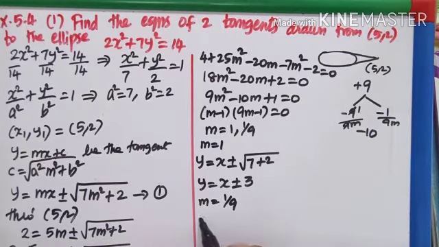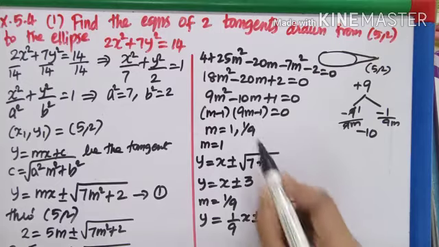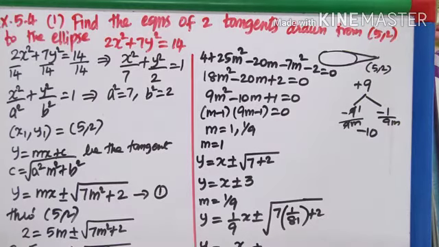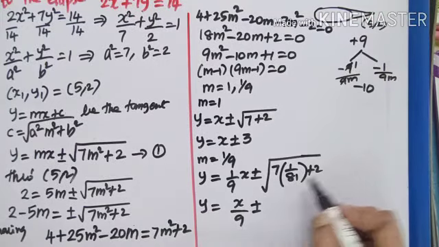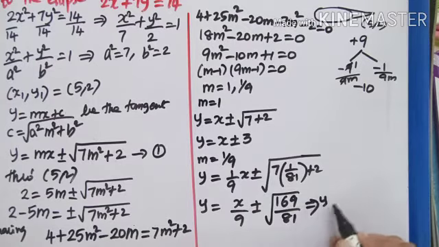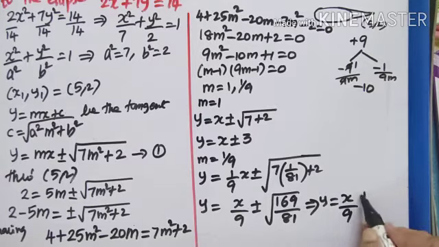Put m is equal to 1 by 9. As I put 1 by 9, it is y equal to 1 by 9 x plus or minus root of 7 into 1 by 81 plus 2. Simplify this answer. It is x by 9 plus or minus square root of 162 plus 7, 169 by 81, or y equal to x by 9 plus or minus 13 by 9.